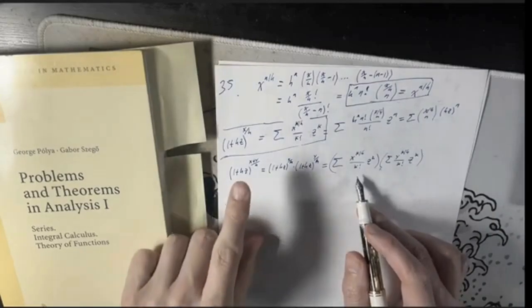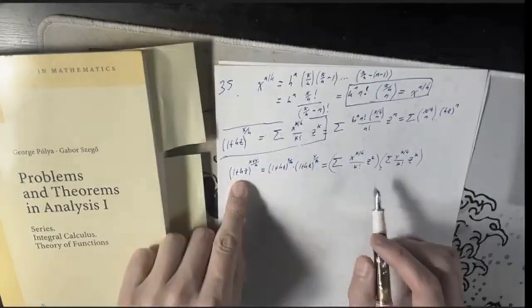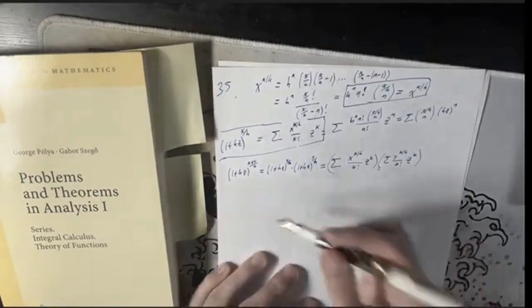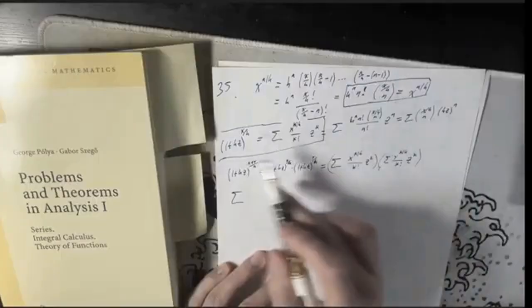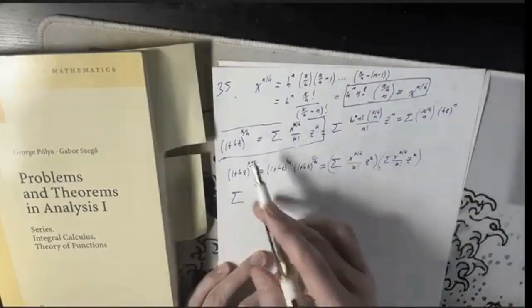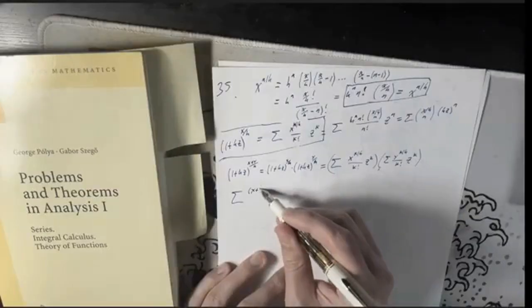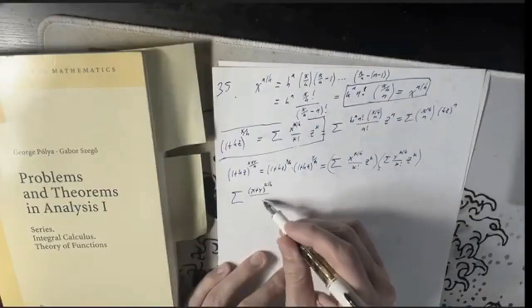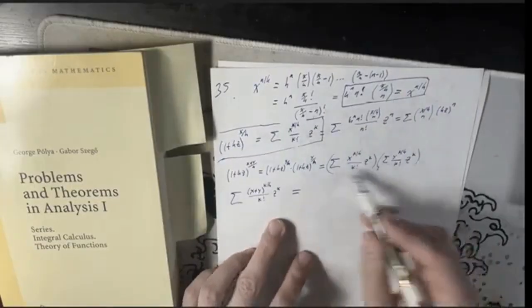But yeah, this is this product, but this is also the same as this series, right? By the same arguments, yada yada yada. But this is this, therefore this is x plus y to the k given h over k factorial z to the k, right? And it's also equal to this product.